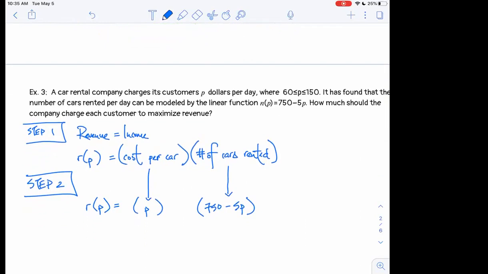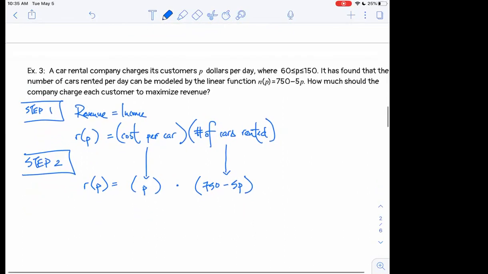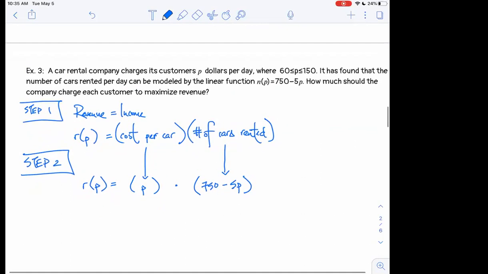All right, and what am I doing to those two? I'm multiplying them. So I've actually already got this with a single variable. I only have the variable P, or the cost per day of the car. I don't have any other variables, so I don't have to substitute anything out like I did in example 1 and example 2. So from here, I'm actually ready to go into step 3.